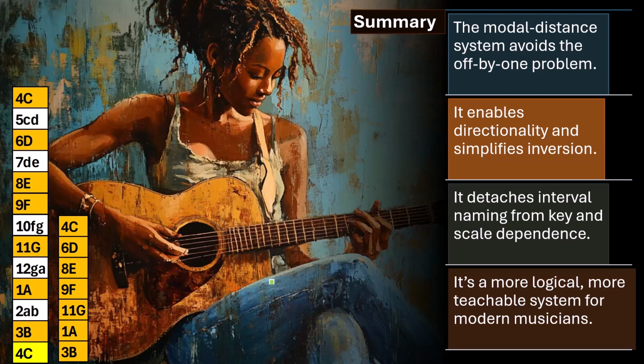Now again, as you're thinking, you're going to be thinking, well, I don't want to learn more stuff, or I don't want to replace the current learning. Again, I wouldn't say you replace the intervals; what I'm saying is you can add this to your terms. Think of it as a different term. It's a modal distance, which is always going to be one less than the interval, and you're going to be measuring that from the root.